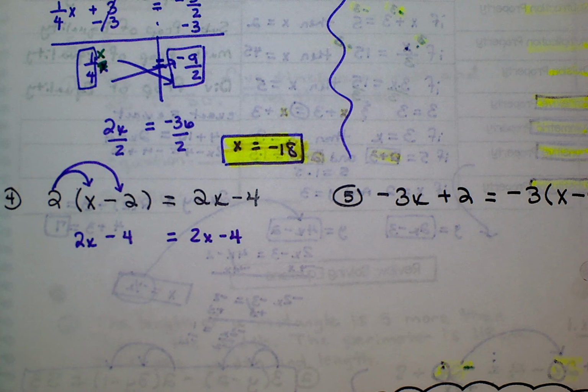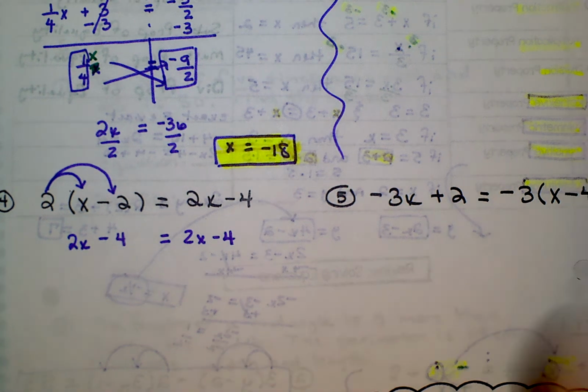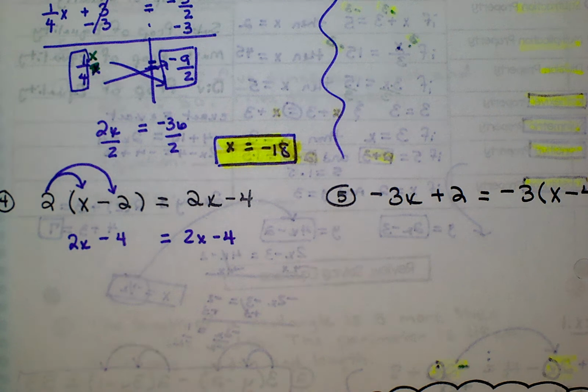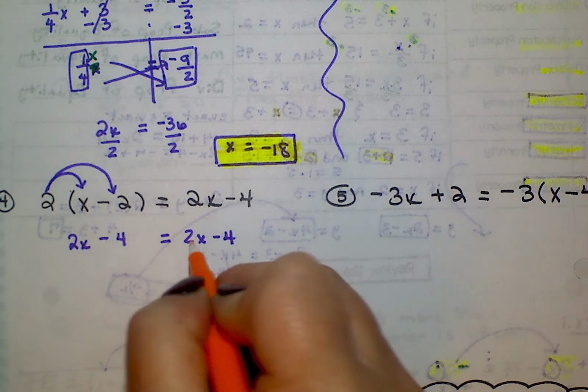So I notice I have the same thing on both sides of the equal mark. So sometimes that's referred to as the identity, because it's the same thing on each side, and nothing's unique about it. So when I look at that, any number in the world would balance there. So I'm going to show you, in case you get to this situation.